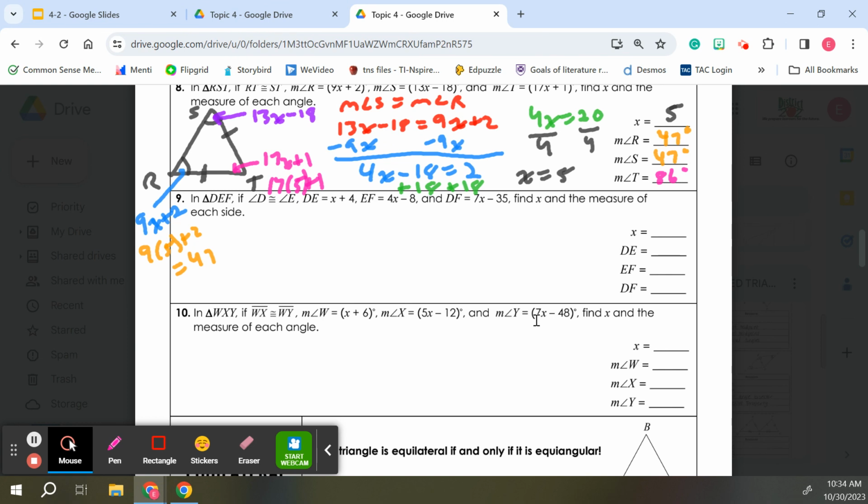So WX is congruent with WY, so those two sides and those angles are equal. That makes this the vertex angle. So if we're saying W is that, this is 5x minus 2, and this is 7x minus 48, and those are equal to each other.